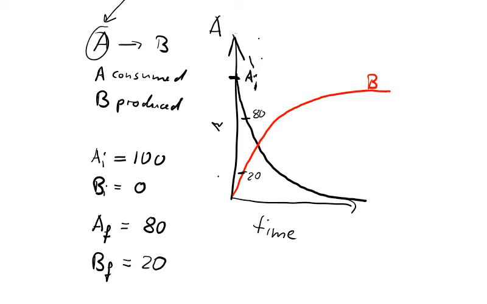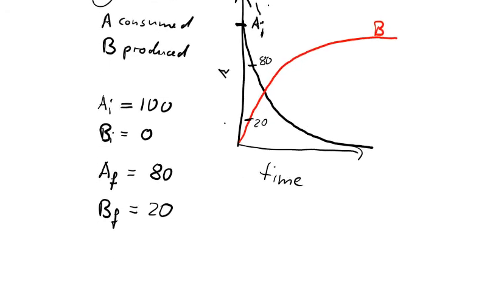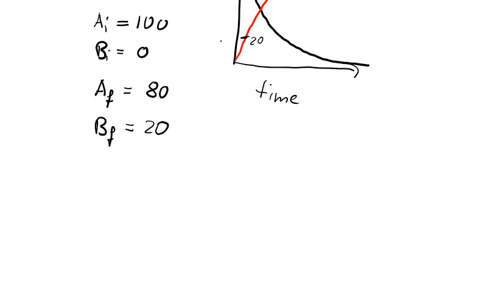How did you actually do that? How did you come up with 20? Let's see if we can say 100 minus 80. So what you did was A initial minus A final.